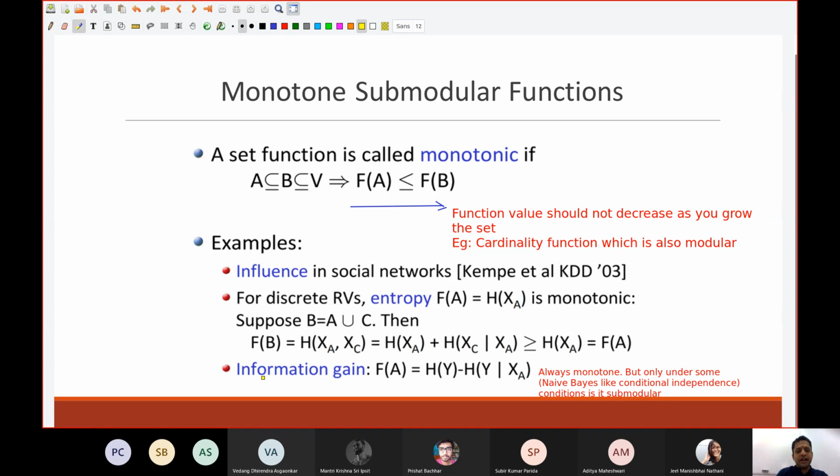In some sense, I already gave a hint that information gain is monotone, but it may not be submodular. But in general, if you want to answer such a question, you could actually construct functions. That's important. You could actually construct functions.